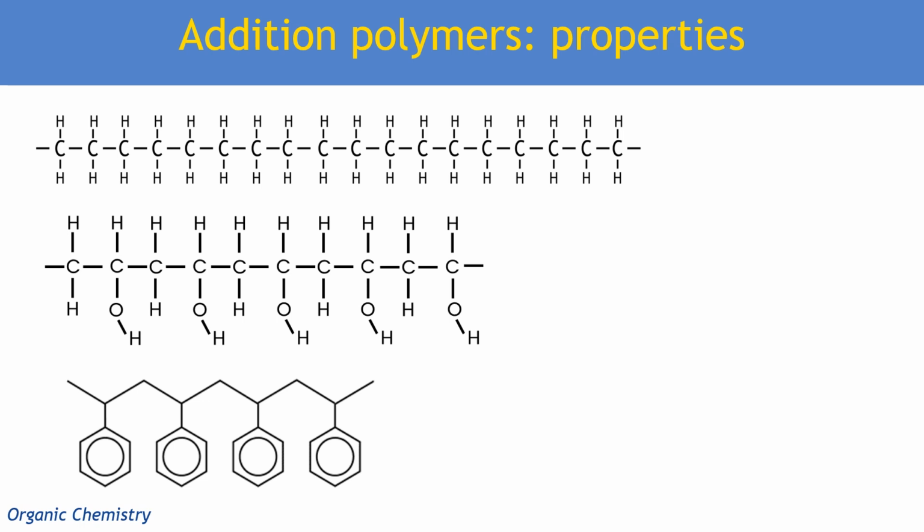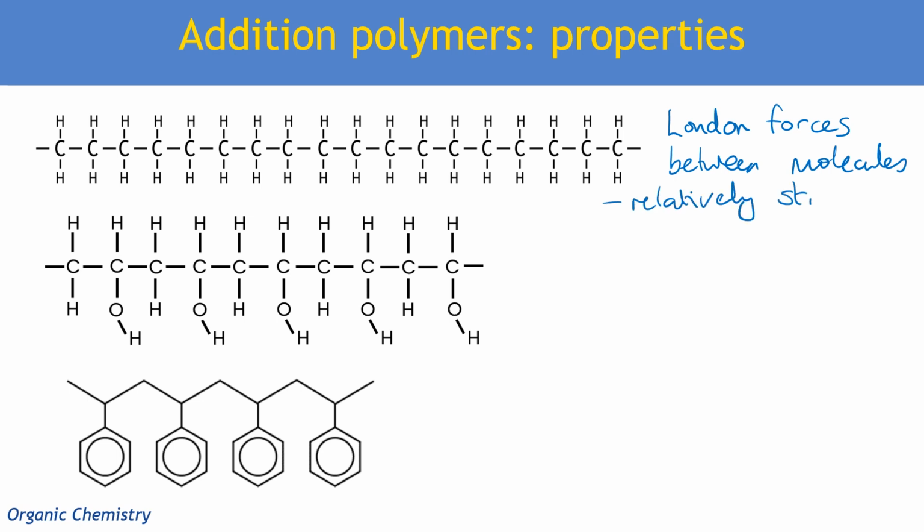Small hydrocarbons are gases, but the longer they get, the stronger their intermolecular forces become. So although this has only got London forces or van der Waals, instantaneous induced dipoles between the molecules are long, so they're relatively strong, which explains why polyethene is a solid.